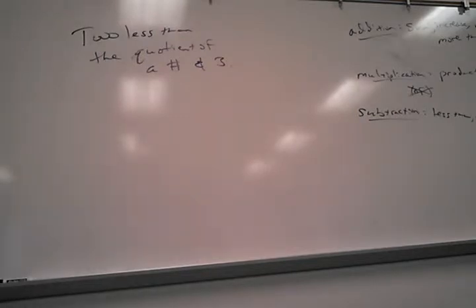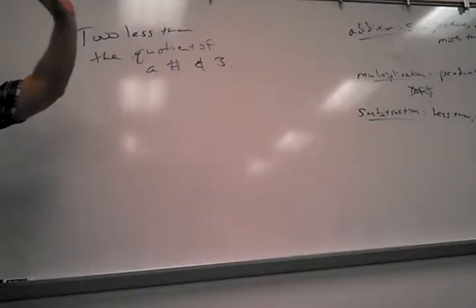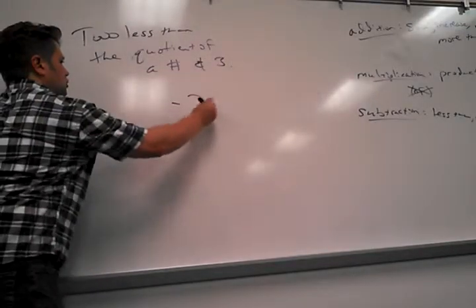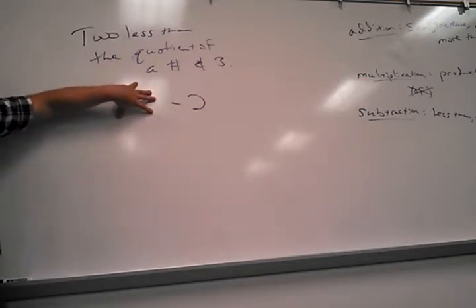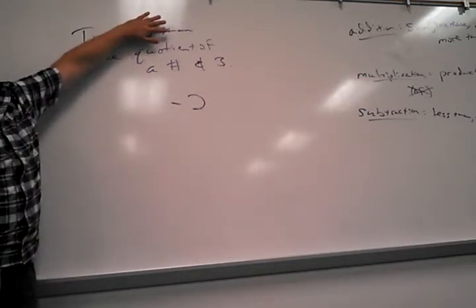Number divided by 3, minus 2. So 2 less than. That automatically tells me I'm going to put a minus 2 at the end. 2 less than something. Now I just have to focus on what's the quotient of a number and 3.